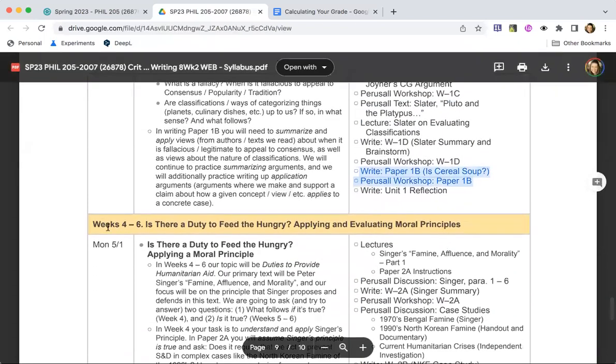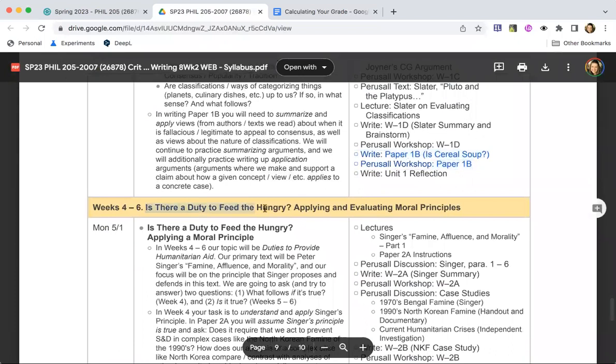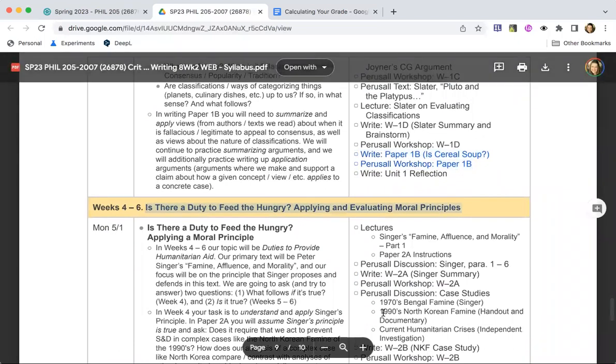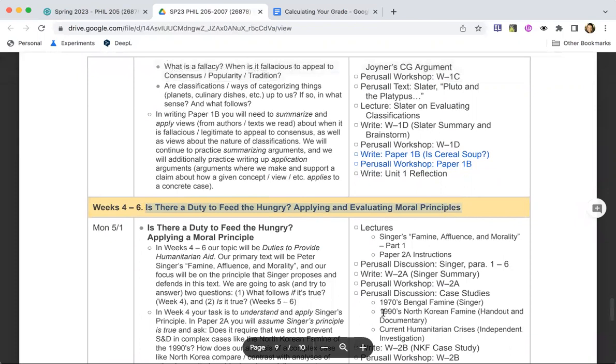In weeks 4 to 6, we're going to turn to lacking food. Is there a duty to feed the hungry? We'll focus primarily on humanitarian crises, including famines. You might be thinking of recent events, for example, the earthquake that has affected Turkey and Syria.